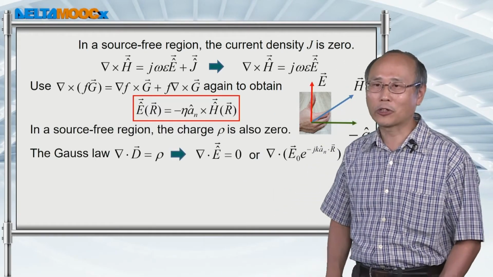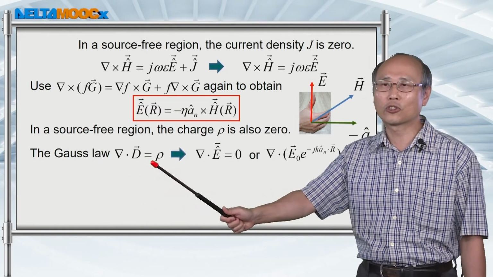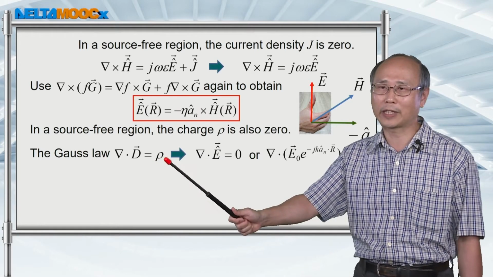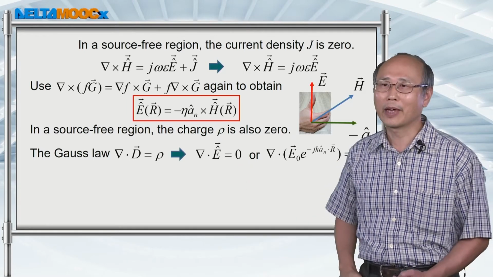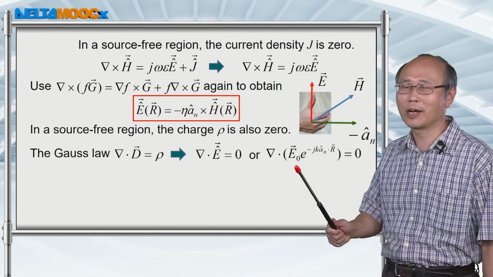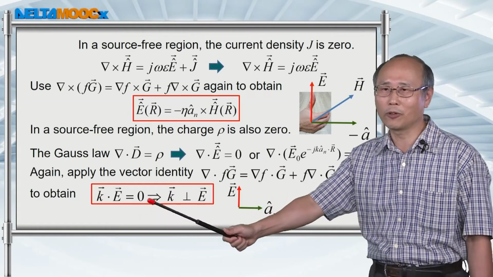And in Maxwell's equations, there's Gauss's law right here. In the source-free region, you can also drop the charge density and set the right side equal to 0. Putting the guessed solution into this expression, you get this result, k dot E equal to 0.